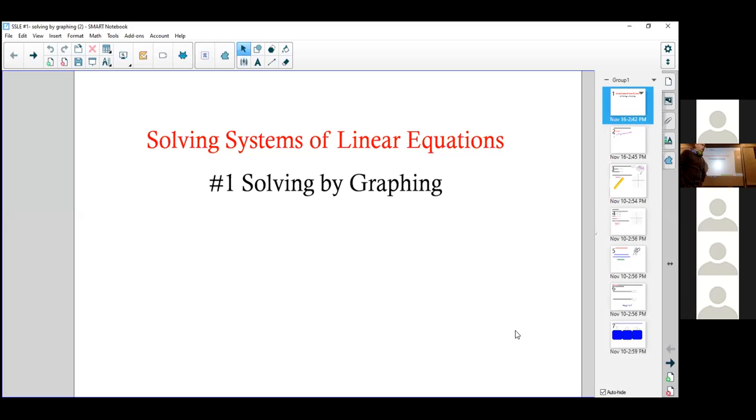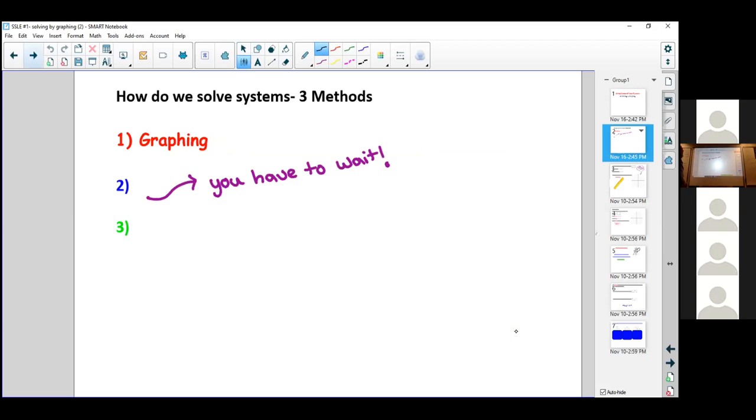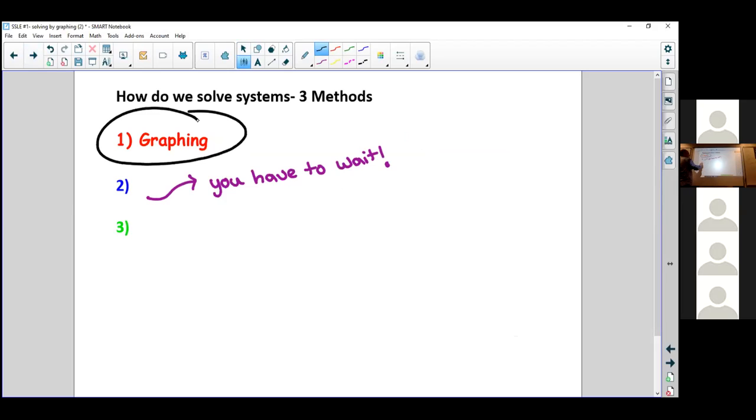And the graphing method is the same method that we were learning about graphing originally with last semester. Okay. So first one, how do we solve a system? 3 methods. Well, we're going to deal with graphing today. We'll deal with 2 and 3 at a different time, so next week sometime.